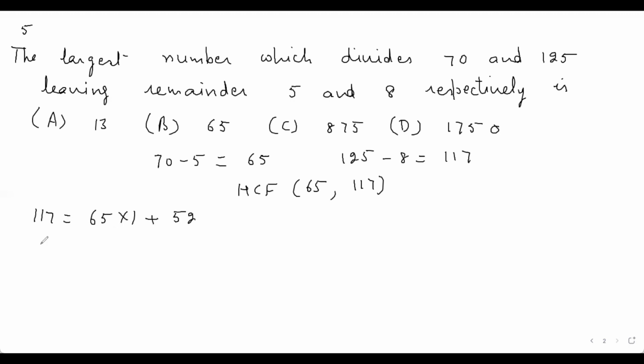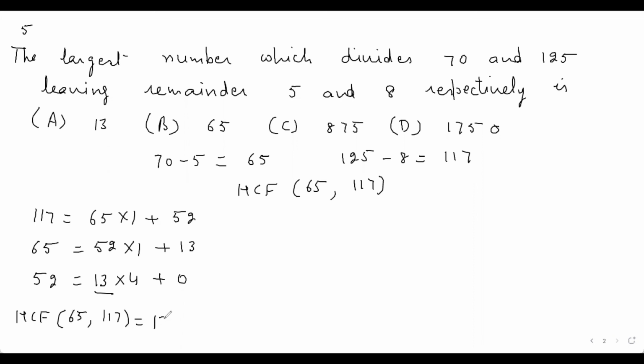Now 65 is the dividend and 52 is the divisor. Again, I'll get 1 as quotient and 13 as remainder. Now 52 is the dividend, 13 is the divisor, 13 fours are 52 and 0 is the remainder. So 13 is the HCF. So HCF of 65 and 117 is equal to 13.